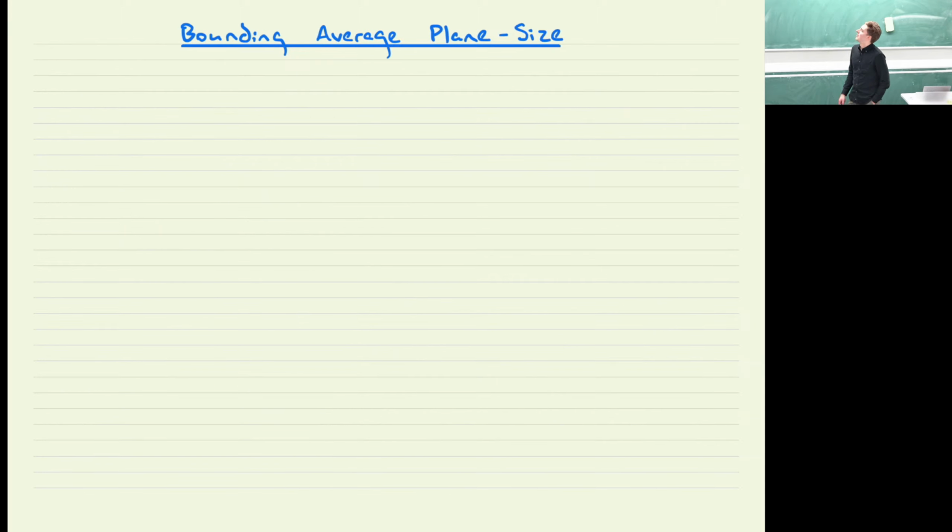Right. So for planes, we're going to follow a similar sort of strategy as before. So remember, the first step is to get a really good estimate on the number of planes. And our estimate for the number of lines relied on this choice of a largest line.